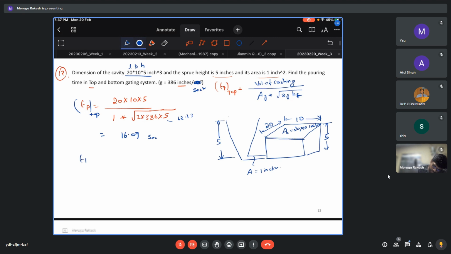So in bottom, the casting divided by the gate, 1 by root 2g, 2 times.